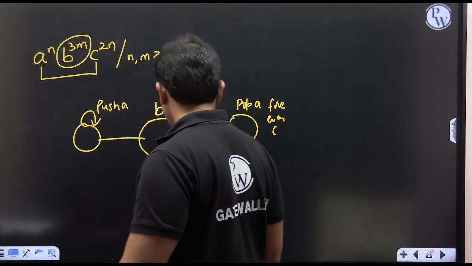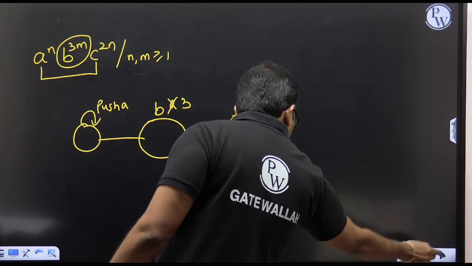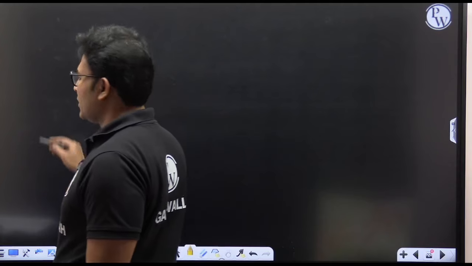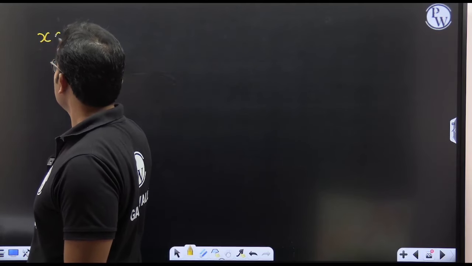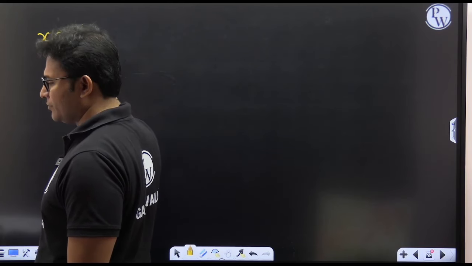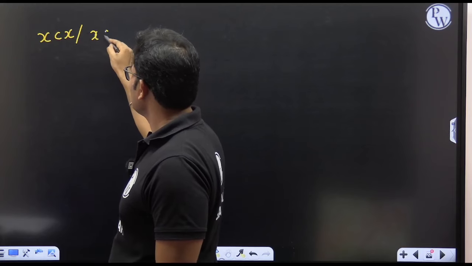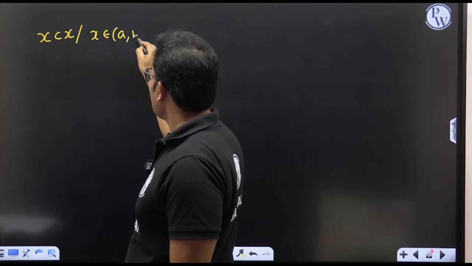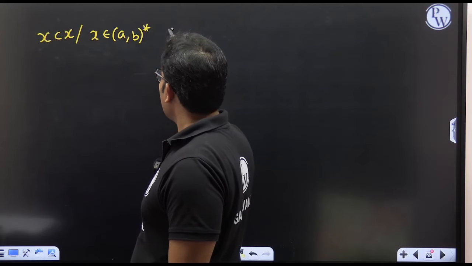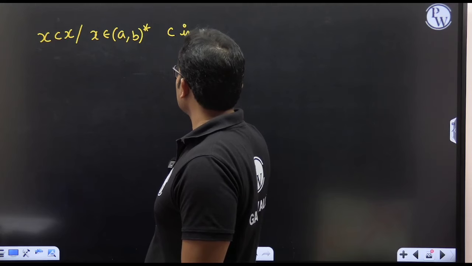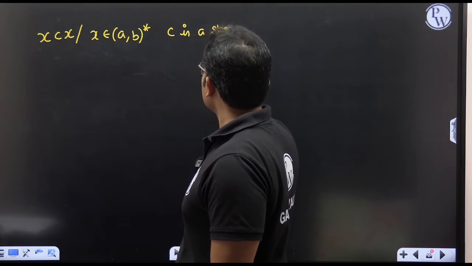Now I'll give you one more question. Try to do this. x c x such that x belongs to (a,b)* and c is a special symbol.